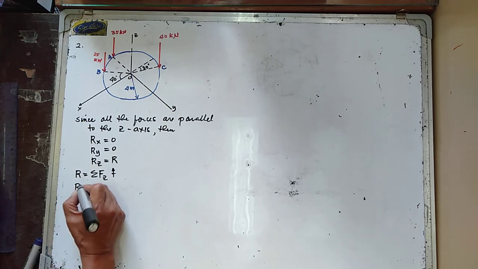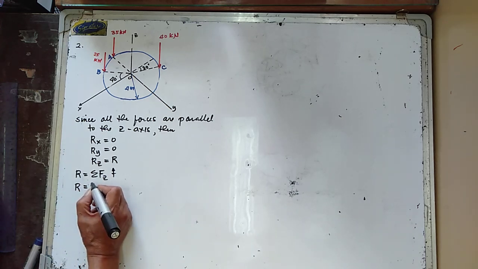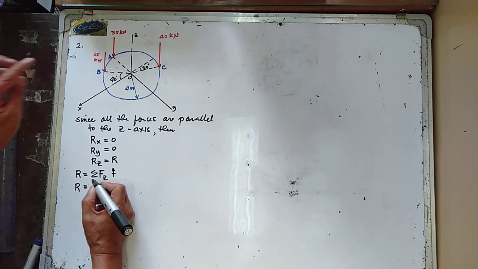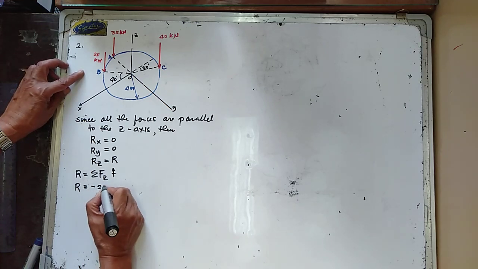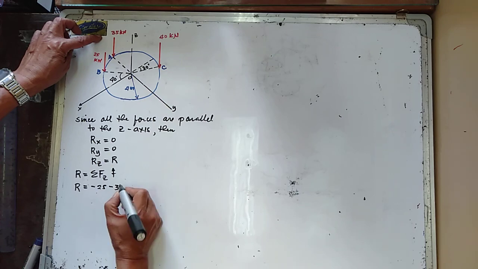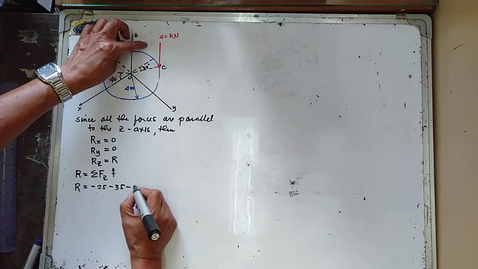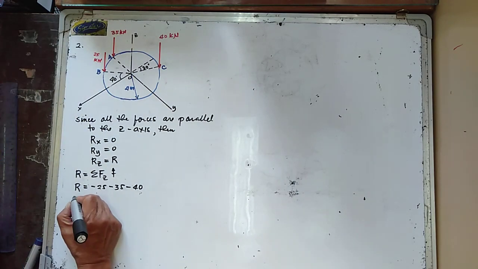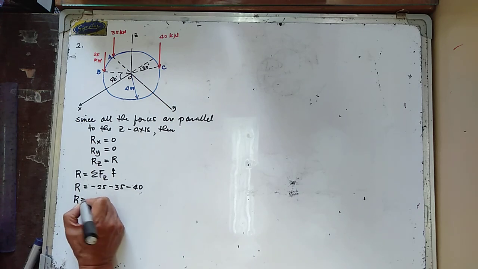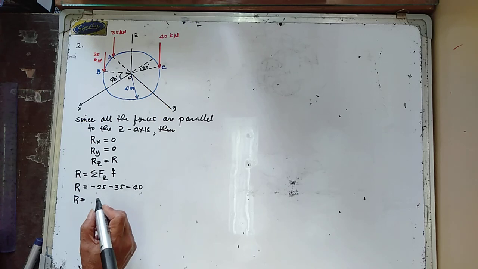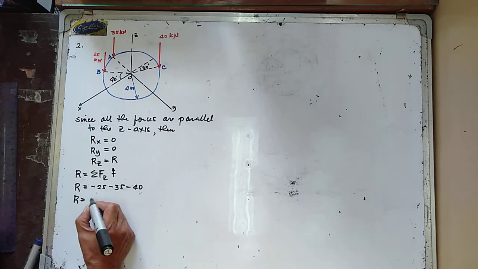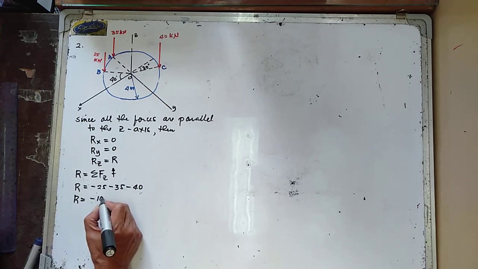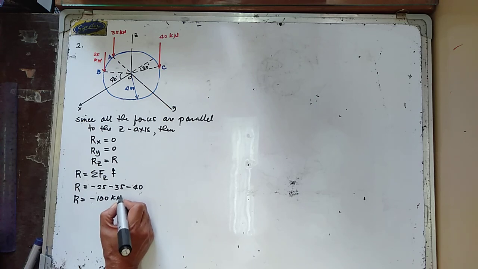So we have R equal to minus 25, minus 35, minus 40, so the value of R is negative 100 kilonewtons.